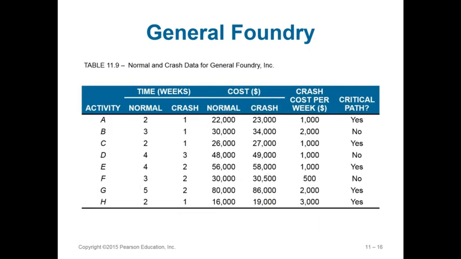Because while you might go in and say, well, it's easy, just drop B down 2 weeks and it's going to cost you $4,000. Well, B is not on the critical path.